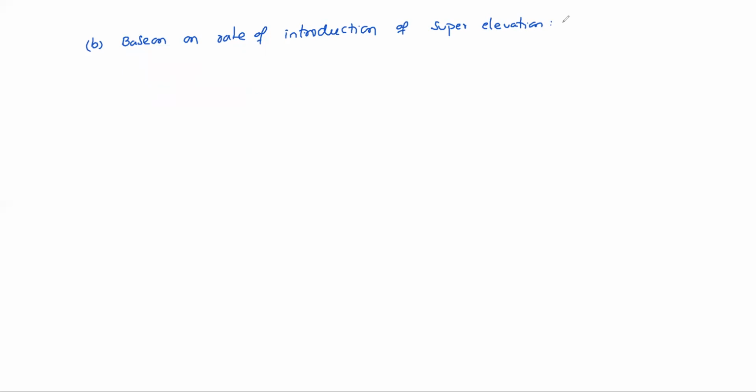What is the rate of introduction of super elevation? Suppose the super elevation for a width B, how much is it? For width B, it is B into E, right? B into E.